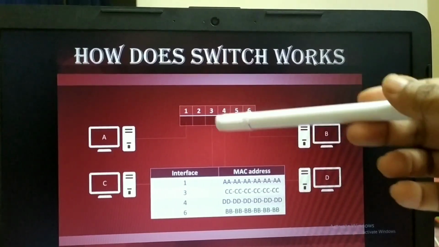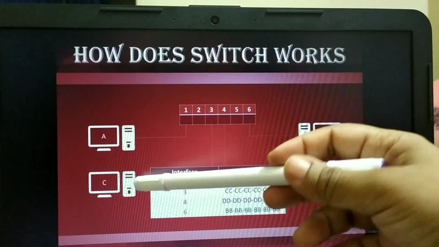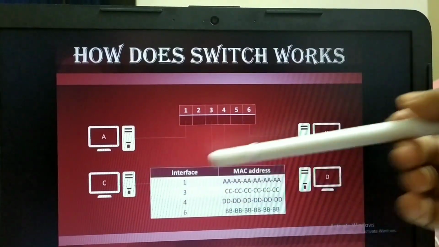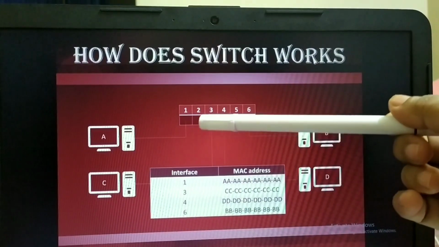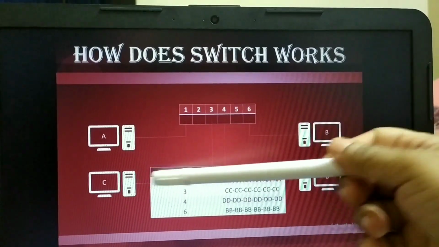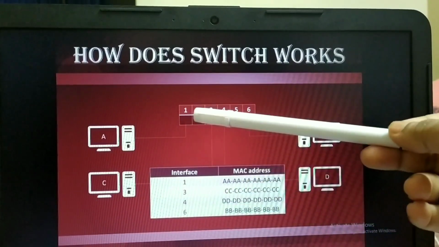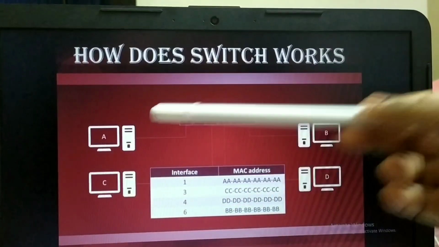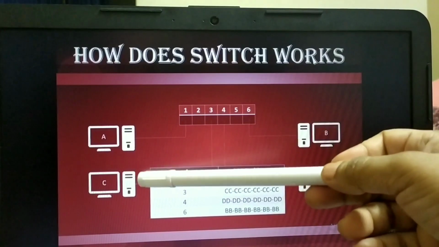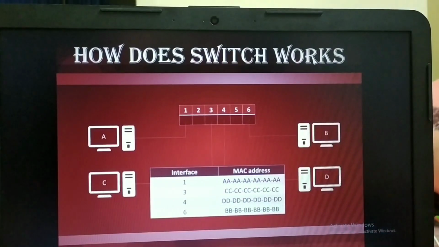Like here, the cable is the media, and the access is controlled. How? The number 3 cable is connected, so the information will pass only to computer C, not to others. So it is controlling the access of the media. That's why it is called MAC address.